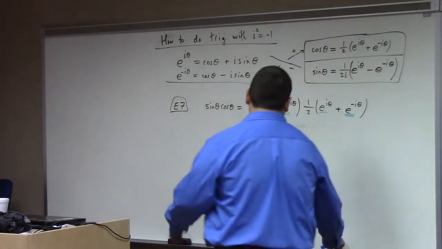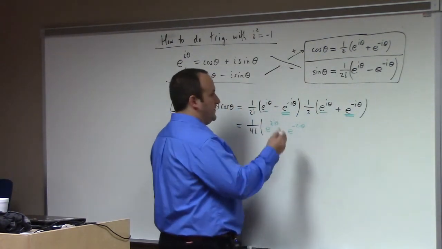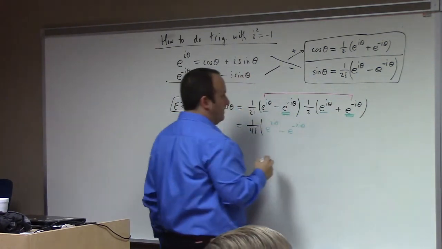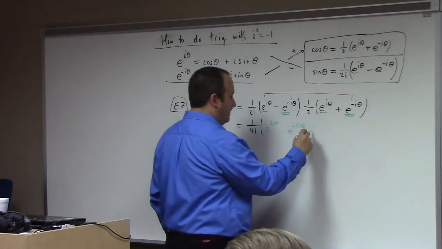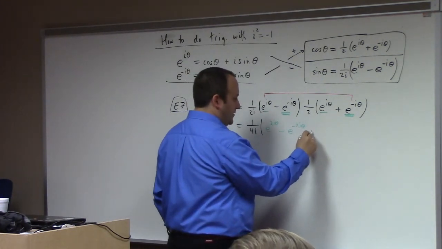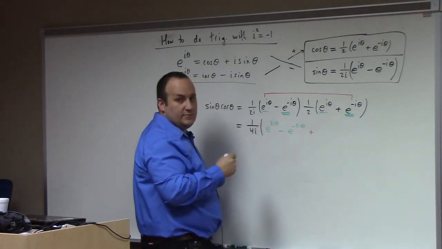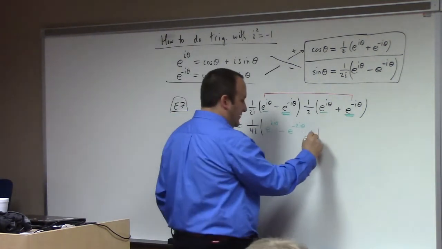What happens when you multiply, for example, this times that? Plus, what's e to the i theta times e to the minus i theta? It's 1, right? That gives me 1.